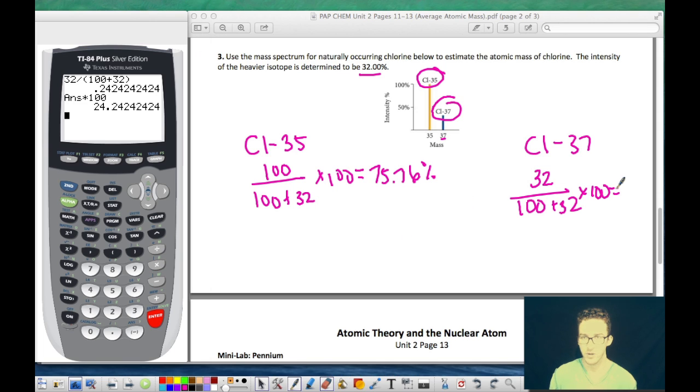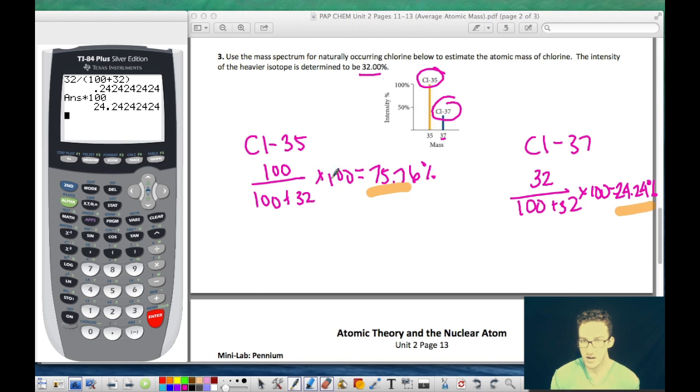We get 24.24%. And now we've got two percentages that when added together will equal the 100% total of all the isotopes of chlorine. This case has two. If you have three peaks, you'd have to do it 3 times, so on and so forth.